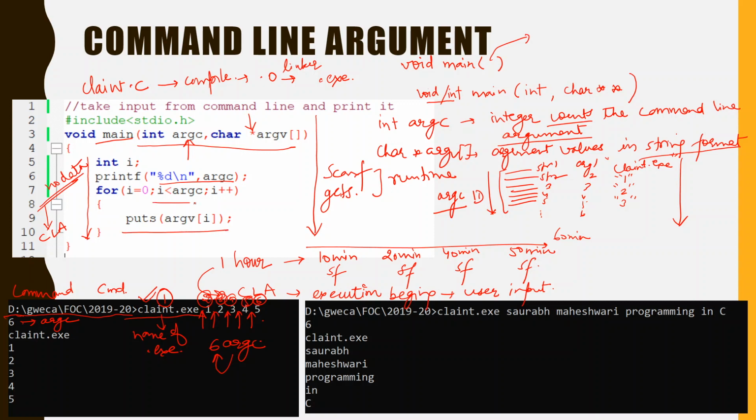For all the argc we have used puts, so it means they are strings. This is argv 0, this is argv 1, this is 2, and so on for the complete number of input arguments.